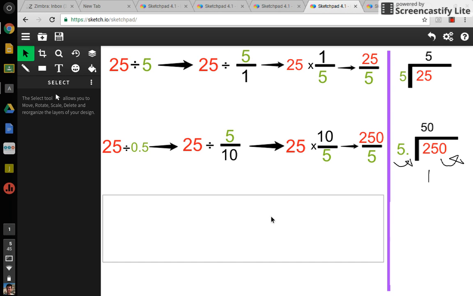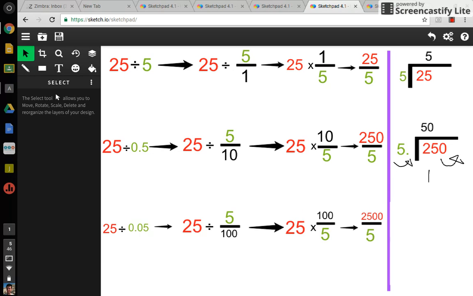So let's take a look and see if we can notice the pattern continuing. This time, our new problem becomes 25 divided by 0.05, or 5/100. We've represented that as a fractions problem here. And again, we're flipping and multiplying, which is 100 over 5.